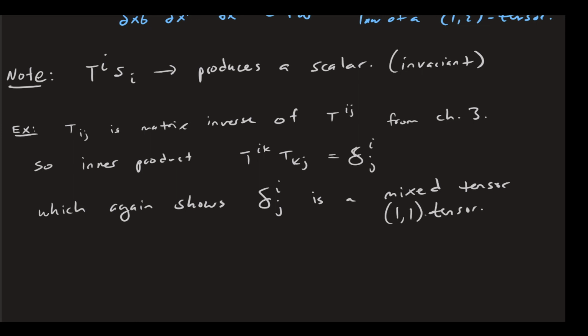And we basically just showed that because it's an inner product, you can actually write the Kronecker delta as an inner product.